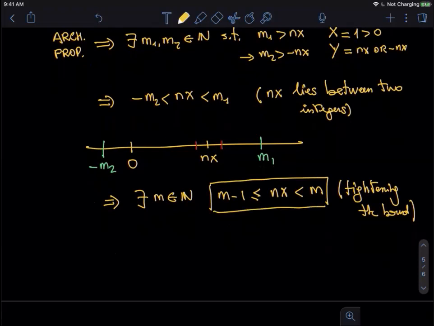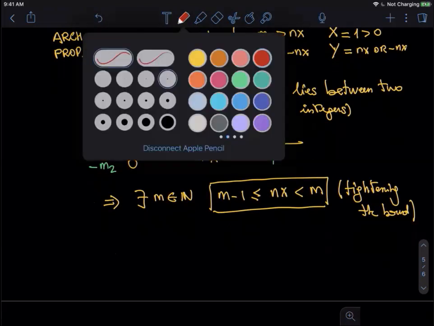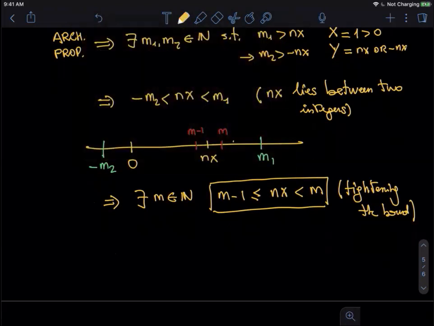But one thing that we want to notice here: if we have m minus 1 and then m on both sides of nx, something else that we know for sure is that if I add 1 unit to nx, I'm going to be on the right of m, by the way this is defined.